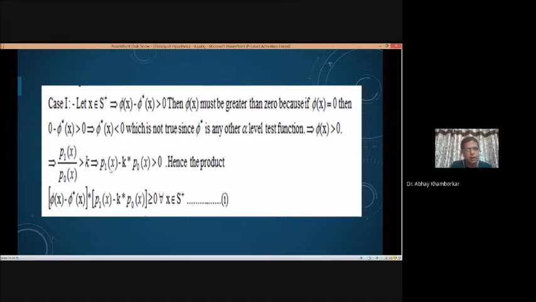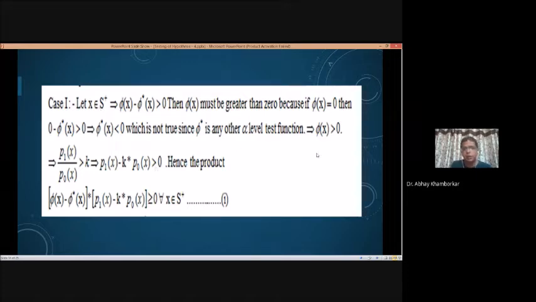This implies that p1x minus k into p0x greater than equal to 0, and hence the product of this particular bracket, that is phi of x minus phi star of x into this p1x minus k into p0x will always be greater than equal to 0 for all those values of x which belongs to s plus, right? So ये प्रोडक्ट ग्रेटर देन इक्वल टू 0 हो गया फॉर x बिलोंग्स टू s प्लस.